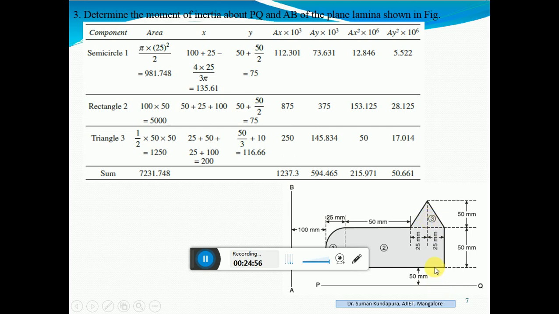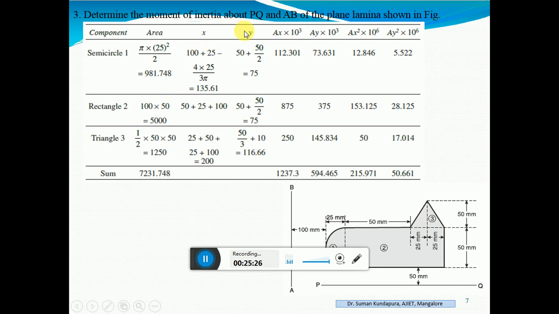So it will be 50 plus 50 plus 1/3 of this distance, correct? So 50 plus 50 is 100. 1/3 of 50 is 16.66. So this should have been 100 here. So it is nothing but 116.66 for the triangle y distance.